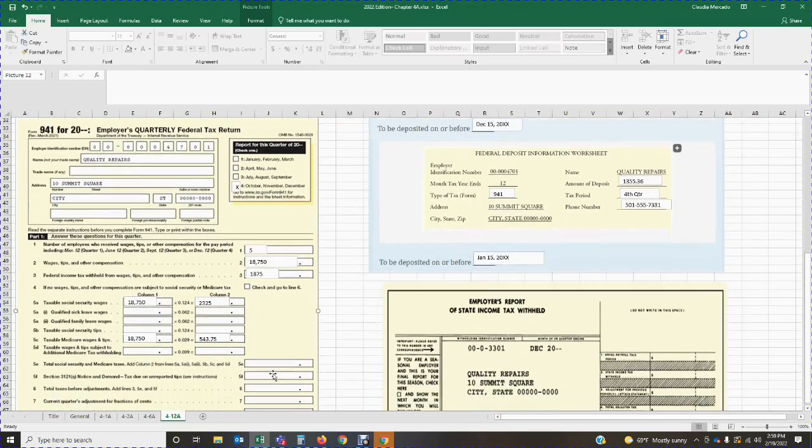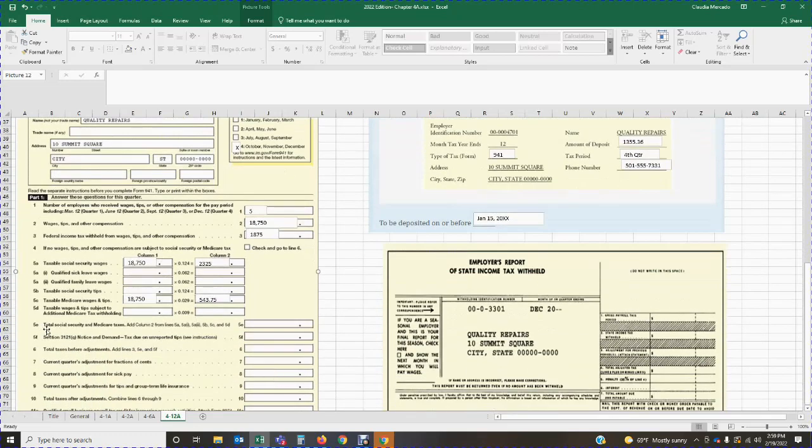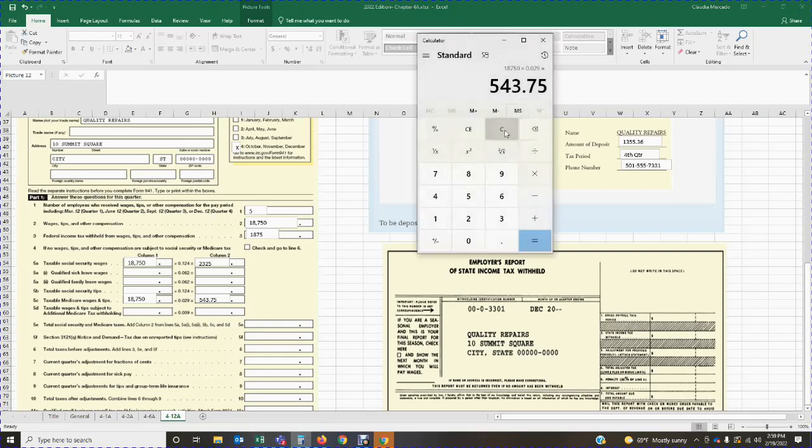Now, for line number 5E, it says add columns 2 from lines 5A, 5AI, 5AII, 5B, 5C, and 5D. So we're basically adding everything in column 2. We've got 2 items. 2325 plus 543.75 gives me 2868.75.